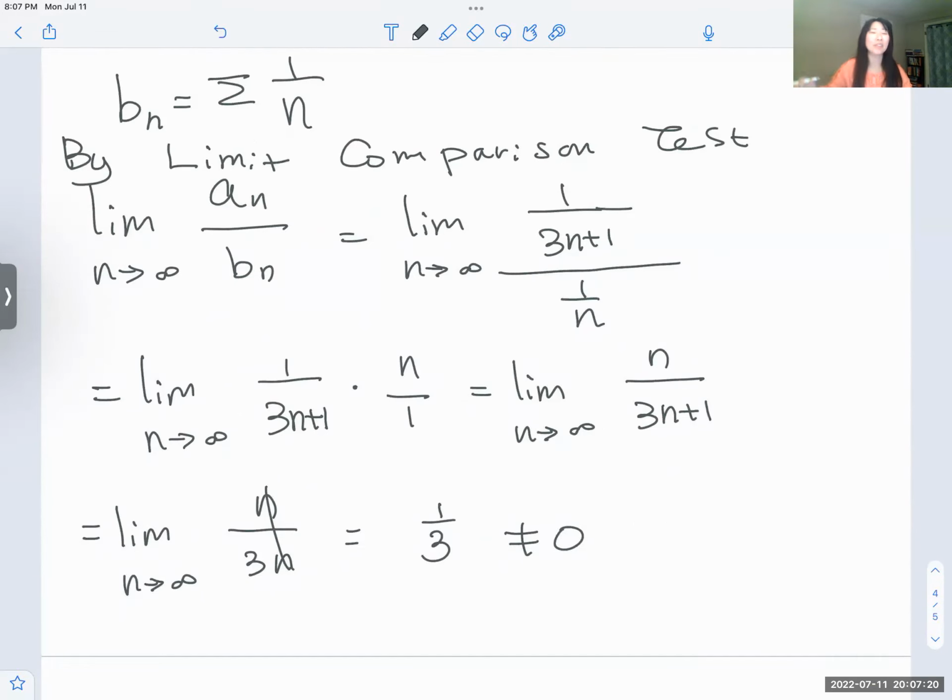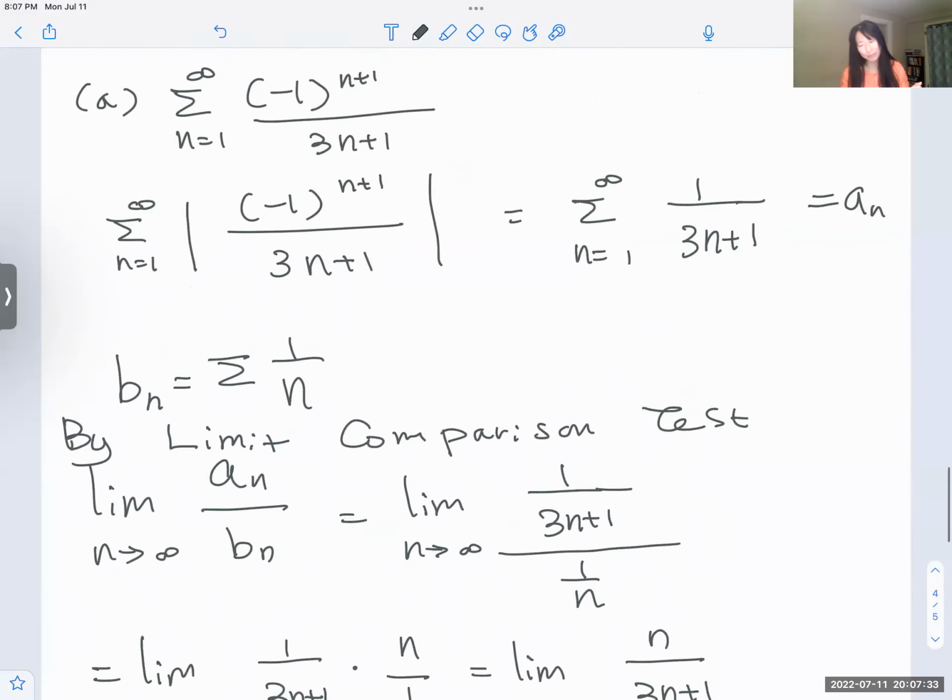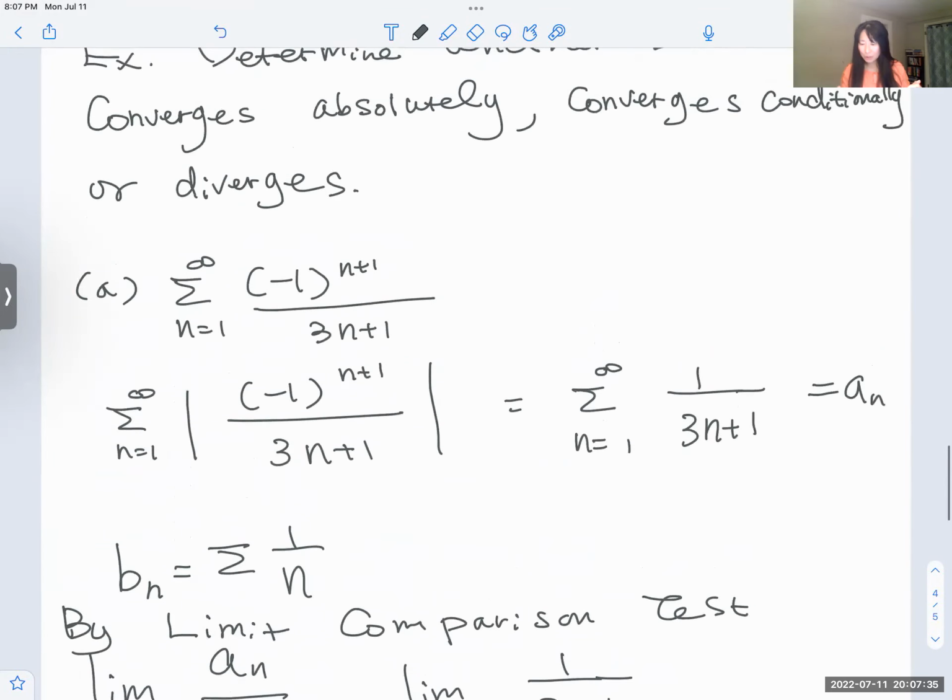This is a little bit confusing. We're doing the limit comparison test, but we're not actually doing the limit comparison test. We're doing absolute value, right? So we have to decide: converge absolutely, or converge conditionally, or diverges.